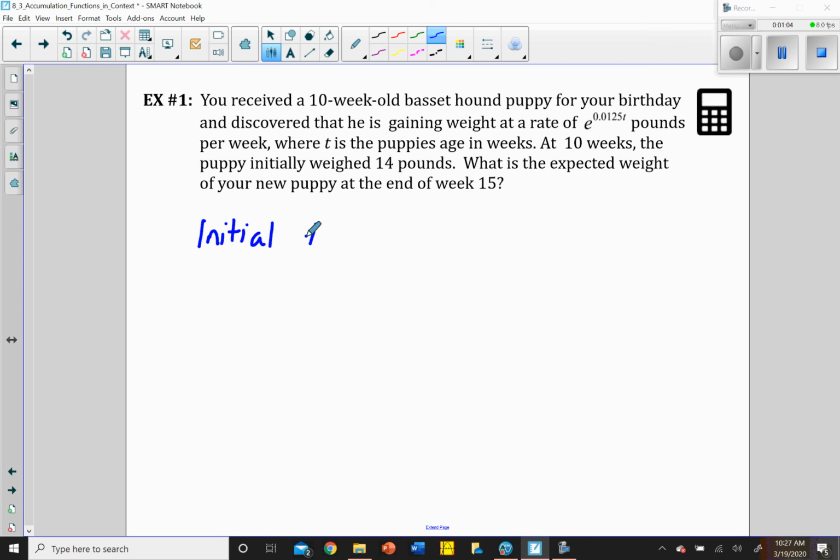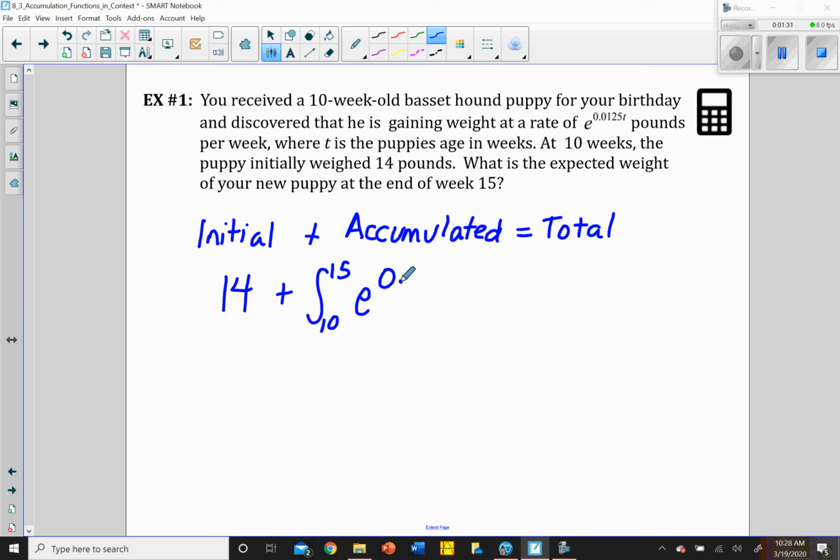So we would want to integrate the accumulation over that 5-week period. So the initial plus the accumulated weight gain would give the total weight at the end of the 15 weeks. If we start off with 14 pounds and we add that integrated amount from 10 to 15 of our rate equation, we can let the calculator do that for us.